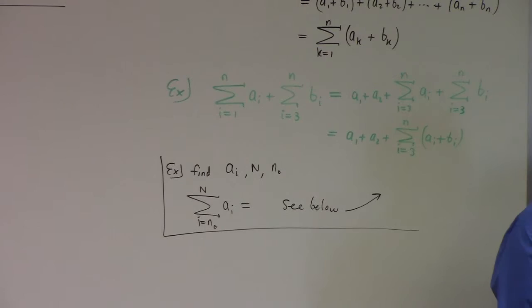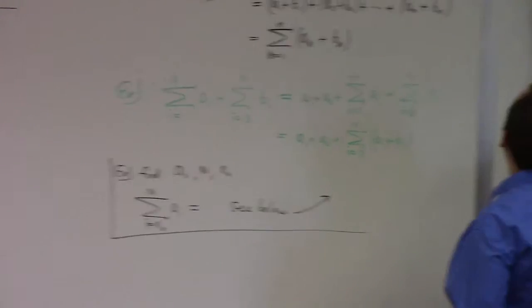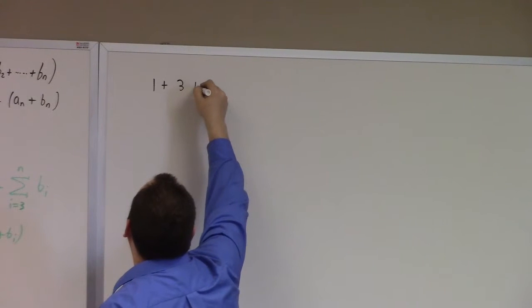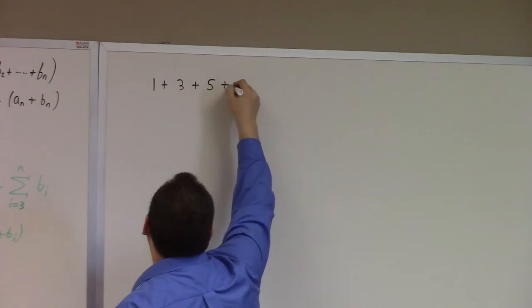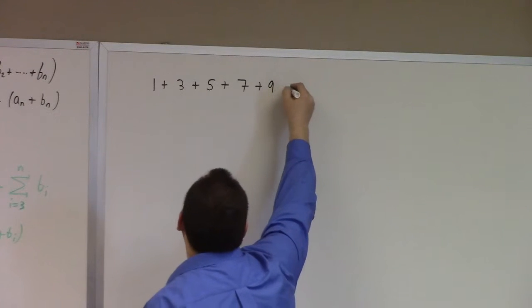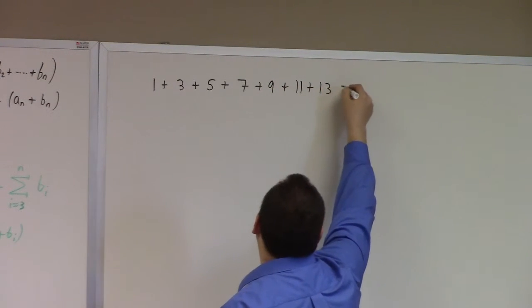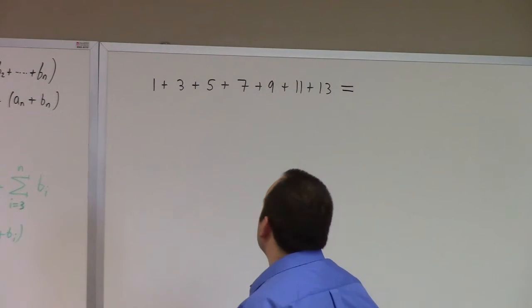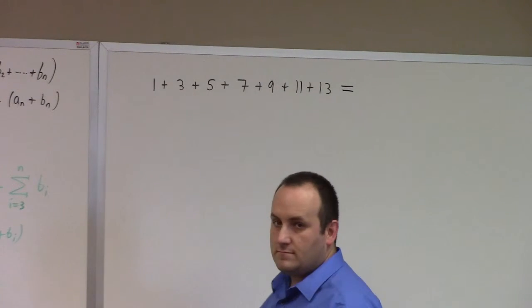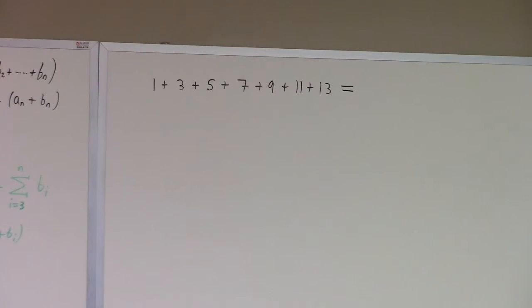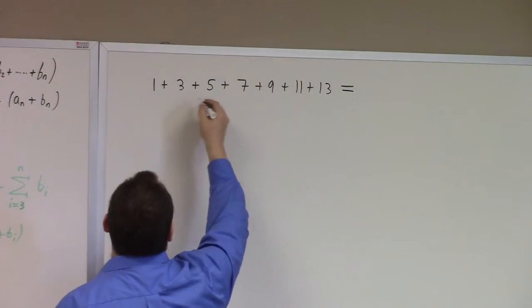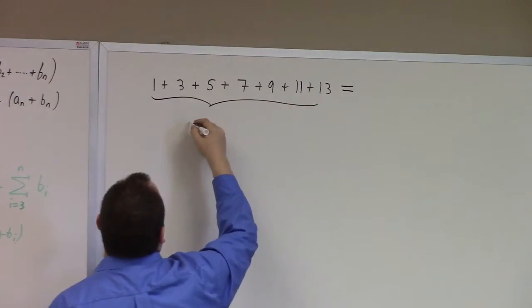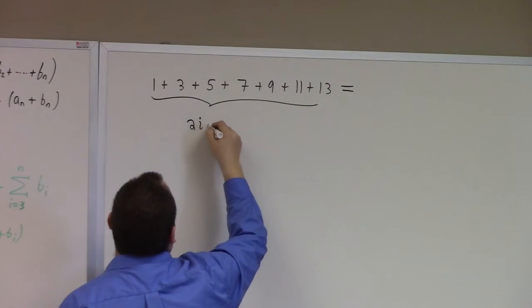Okay, so how about this? 1 plus 3 plus 5 plus 7 plus 9 plus 11 plus 13. These are all what? Odd numbers. So these are all basically of the form 2 times some number i minus 1, right?